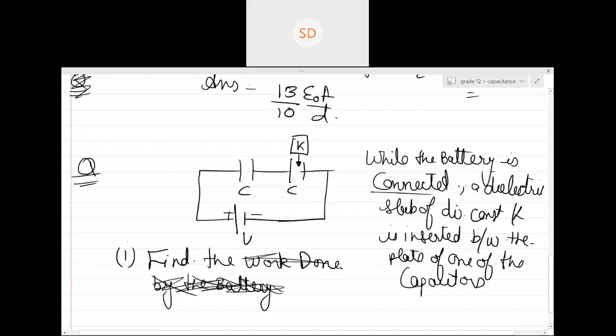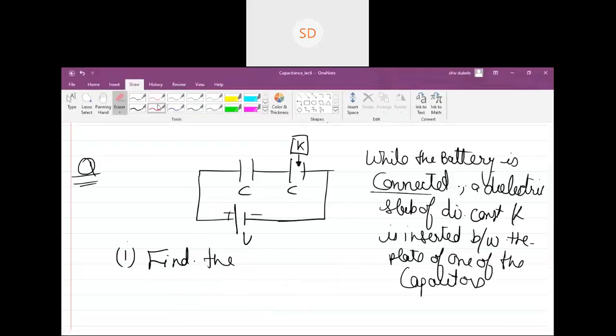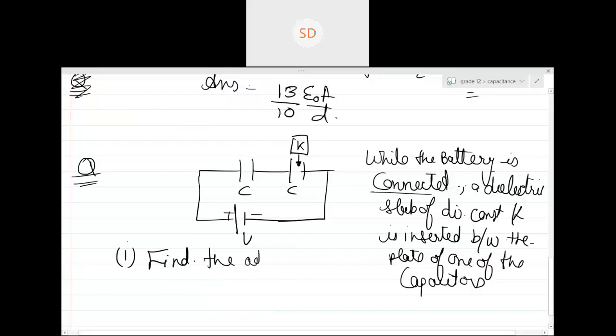Find the additional charge sent by the battery.